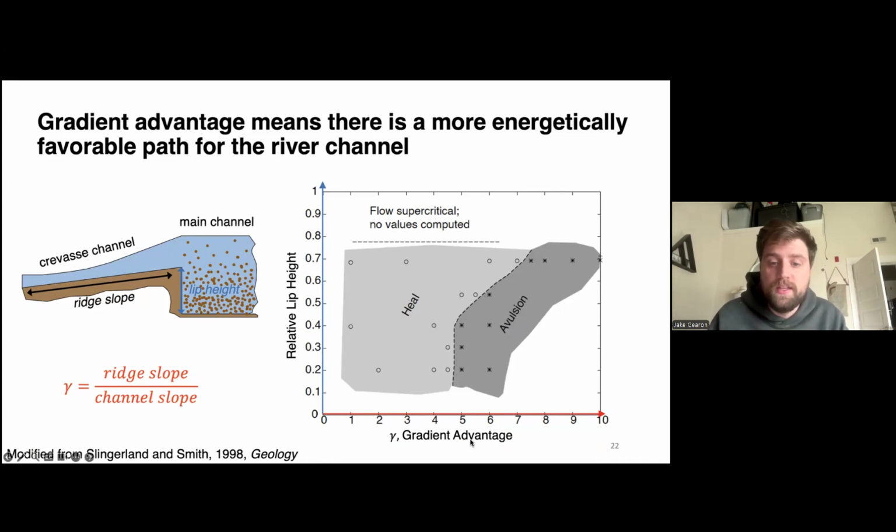But the thing to realize here is simply that if you don't have a steep enough ridge slope in this crevasse channel, the avulsion will not occur. The crevasse channel will heal itself up and nothing will happen. But if that slope is steep enough for a given lip height ratio, then we should expect a full avulsion to complete. So that's the idea of gradient advantage.